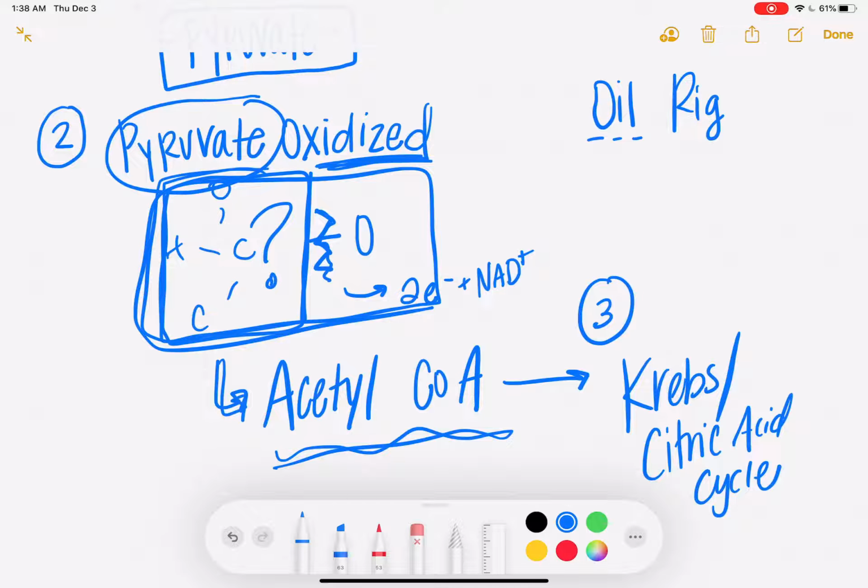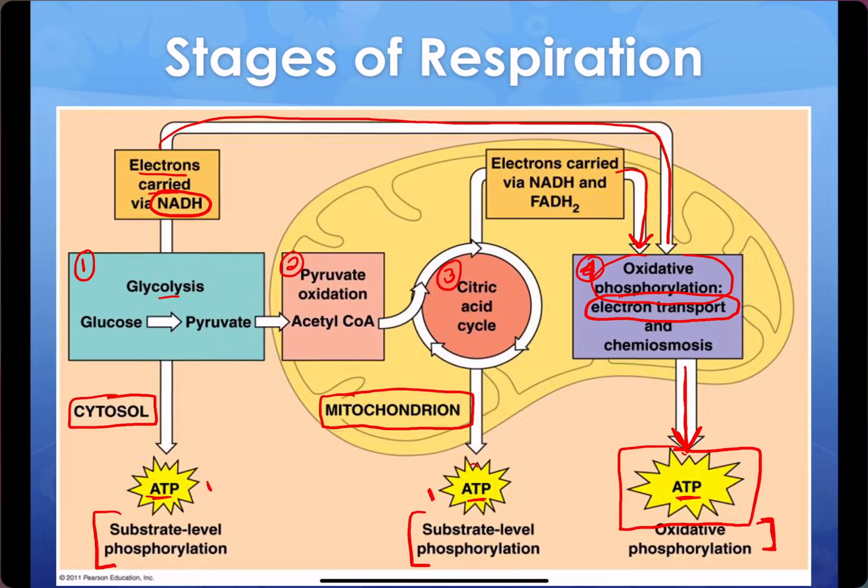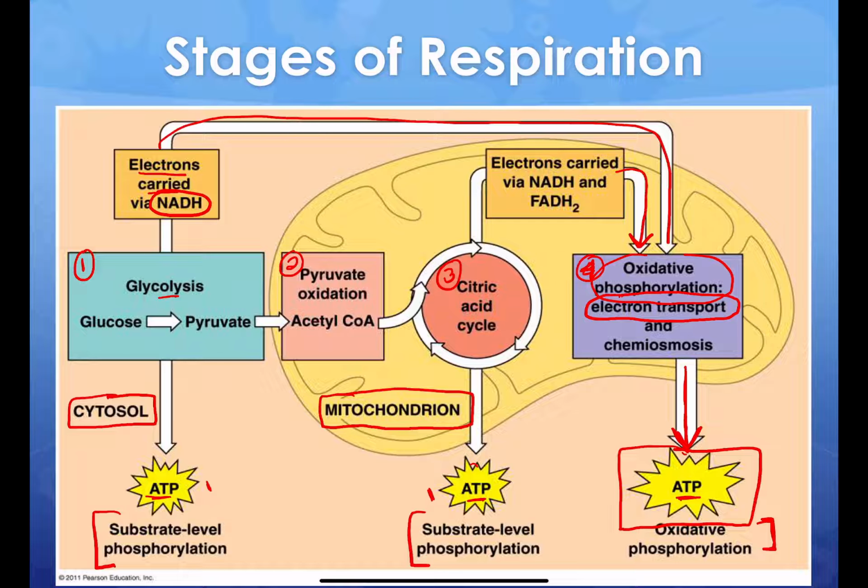Okay? So let's go back to our PowerPoint. And here you see this happening. Glucose is converted to pyruvate. Pyruvate is oxidized to acetyl-CoA, and acetyl-CoA enters the citric acid cycle. And then we've got electrons that are moving to the electron transport chain from these processes.